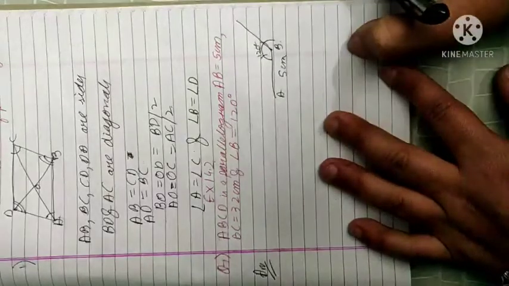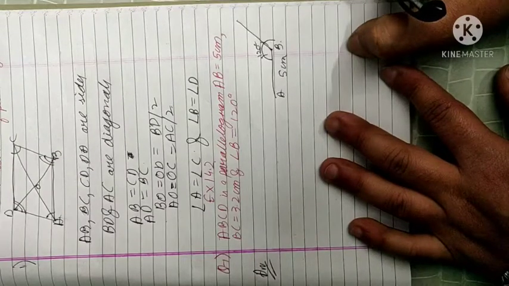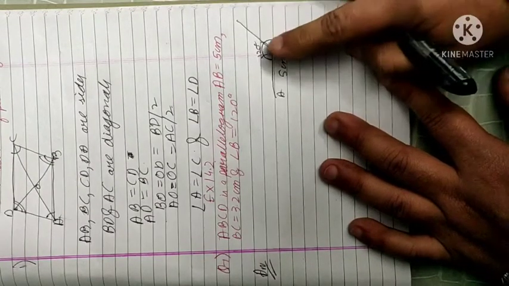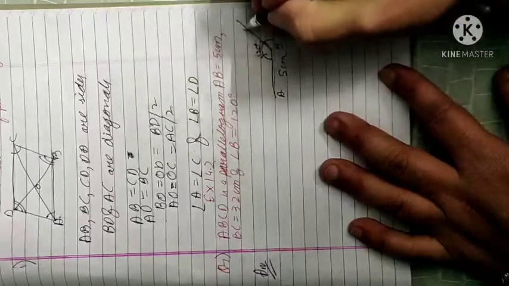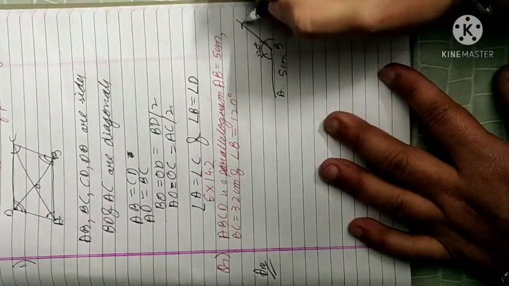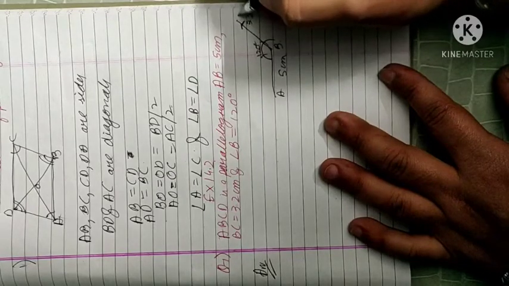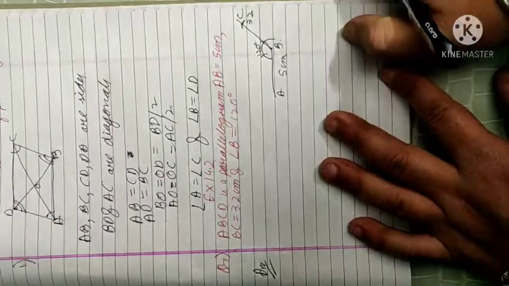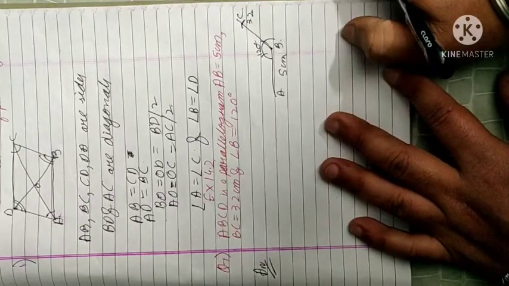Okay, what next? We have said that BC is 3.2, so here we can get the point C, 3.2. C comes just above B. What next?